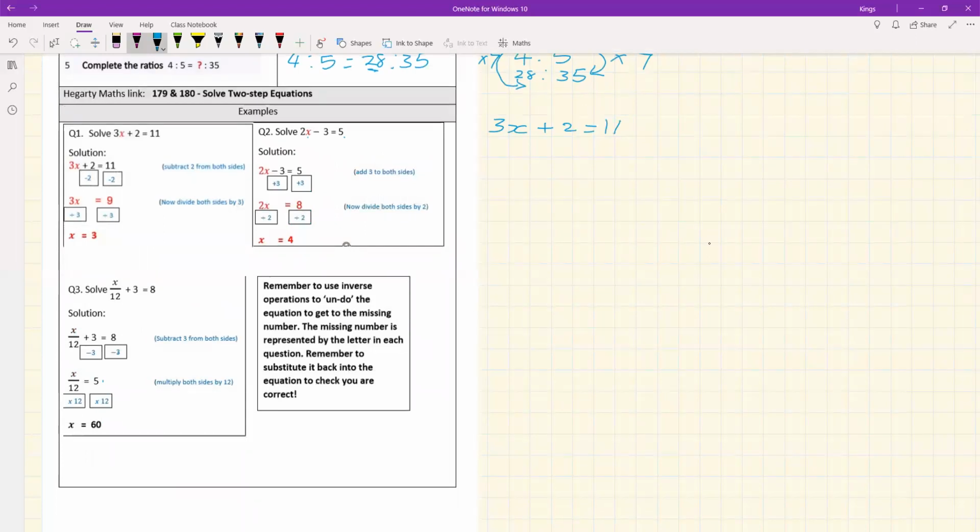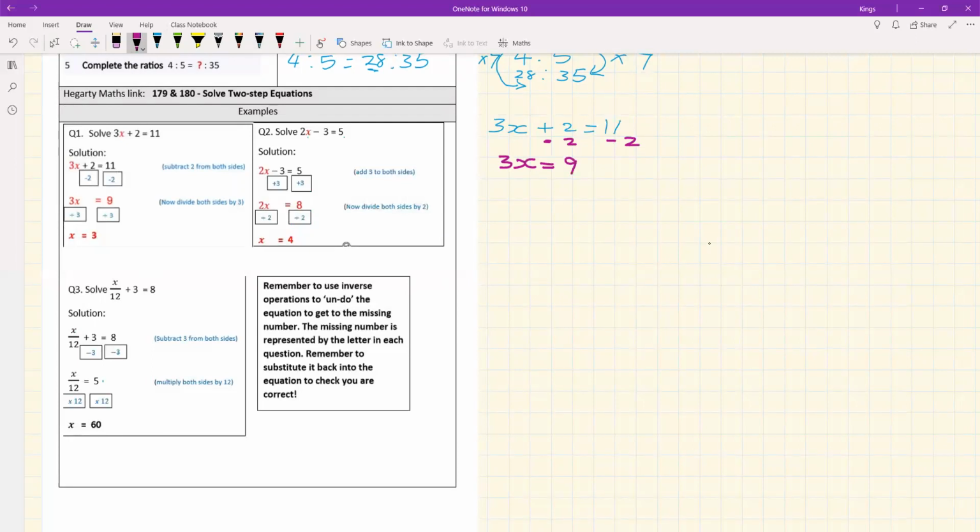Now to solve the equations, we have to undo what they've done. So we do the inverse of what was done previously. So I'll take away 2, and it has to be from both sides so that the equation balances. So 2 take away 2 is obviously 0, so we are left with 3x on this side equals 11 take away 2 gives us 9.